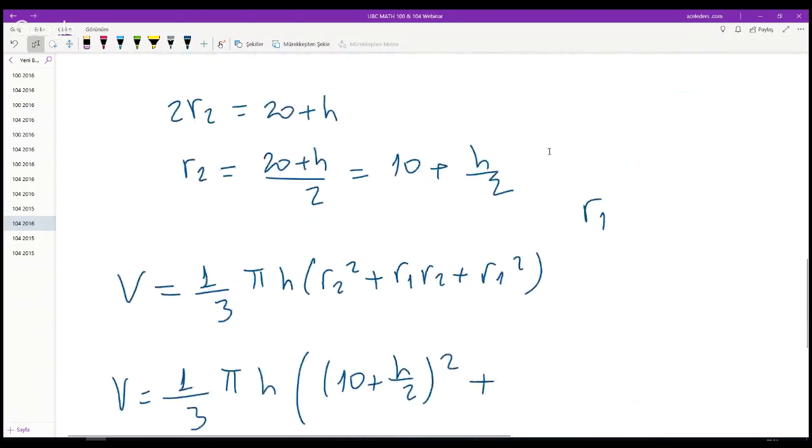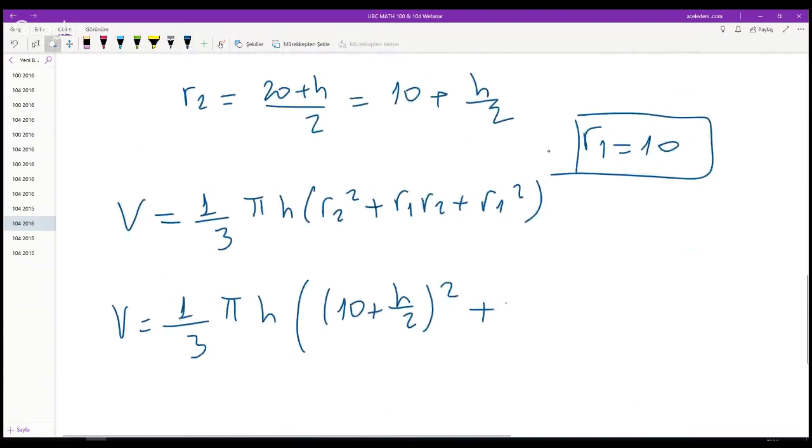So we can treat R1 as a constant. R1 equals 10. So 10 times R2, which is 10 plus h over 2, and plus 10 squared, which is 100. Okay?